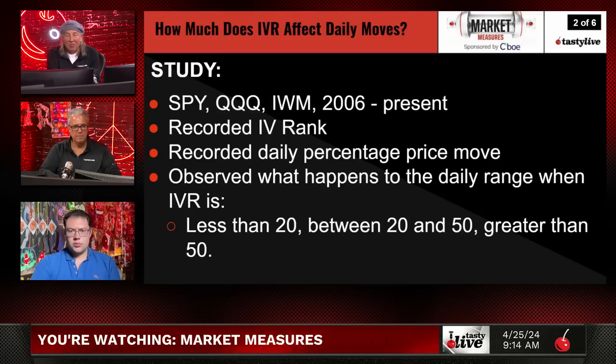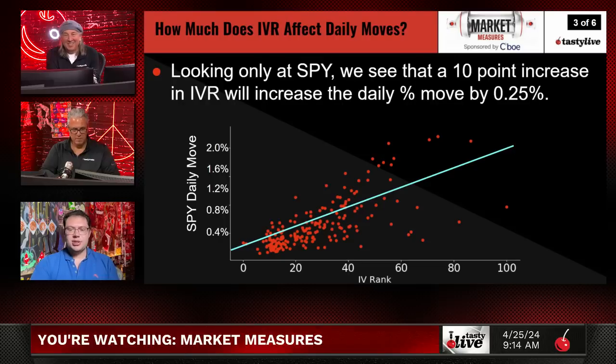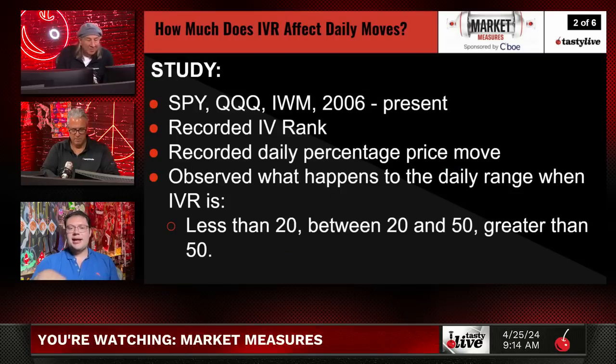No doubt. I wanted to mention one thing here: a while ago, you told us to start putting all of our studies into IVR format, and I think it's useful because you are not using SPY's IV rank for everything. You're using each individual IV rank.